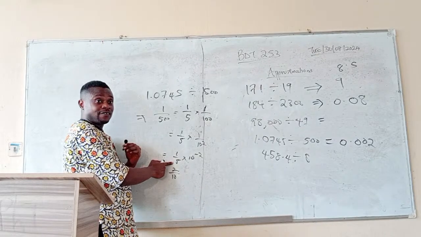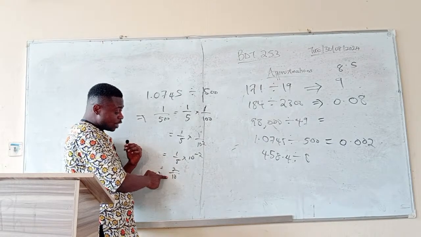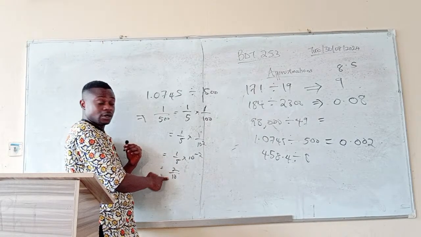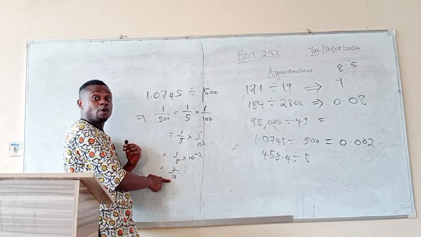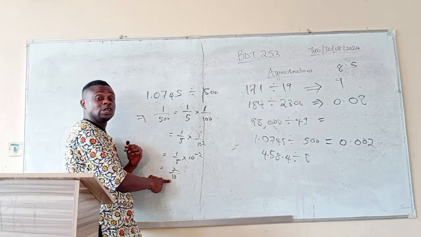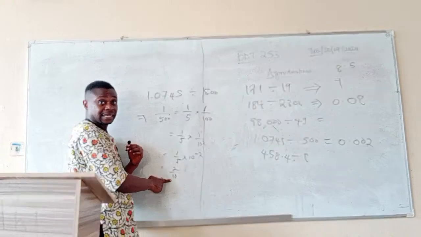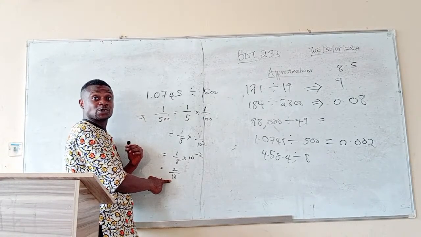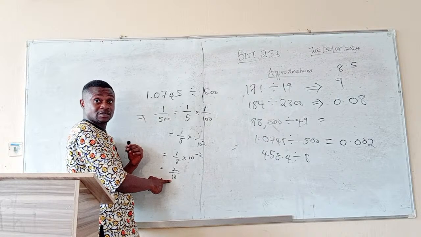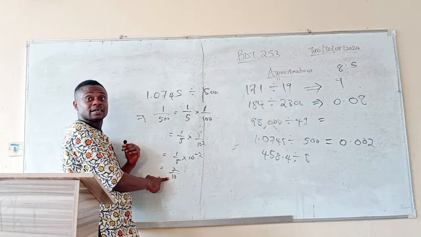This 1 over 5, this is the equivalent fraction of this. The target is that we move it so that, remember, we define decimals as the fractions that have the denominator as 10 or multiples of 10. Remember that definition? That's what I applied here.